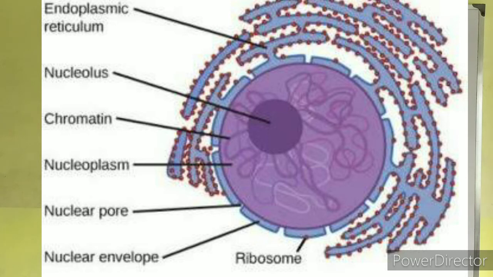Nucleoplasm is a dense fluid in the nucleus. Next is nucleolus. It is a spherical body present inside the nucleus. It contains the genetic material.